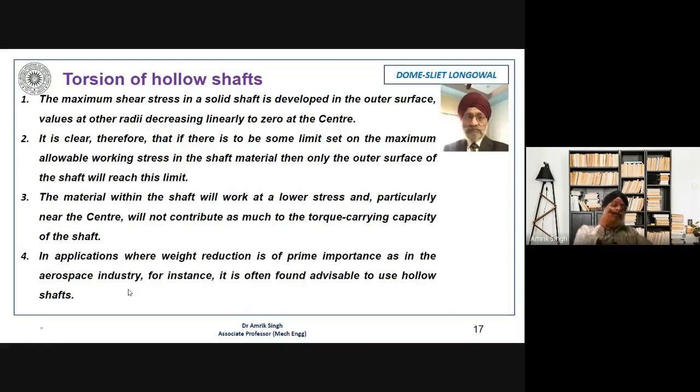Either we use a material of very high strength to weight ratio, that means the weight is less and the strength is very high. Or to reduce the weight, we can go for the hollow shaft. That's why we prefer a hollow shaft as compared to a solid shaft. This we'll see in the next slide also.